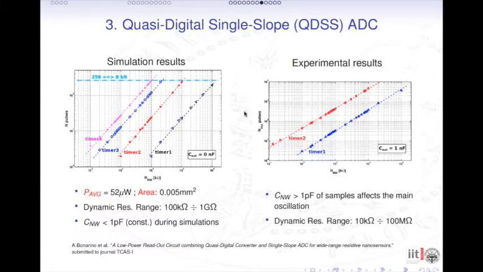The equivalent number of bits are 8 in the whole range. The area of this design is about 0.005 millimeters square, and the power consumption is about 50 microwatts. So it is suitable for a high density array.